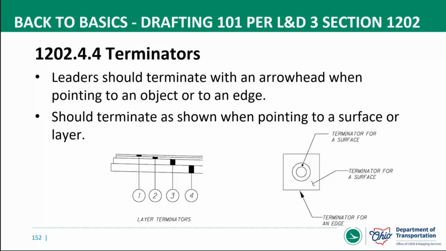Terminators are your arrowheads or some other line termination, like you see on the typical section layers there. They should terminate with an arrowhead when pointing to an object or to an edge. It should terminate as shown when pointing to a surface or layer, meaning that we have the little squiggly terminator or the dot when we're pointing to either the inside of a shape or the top of a surface here, like you see.